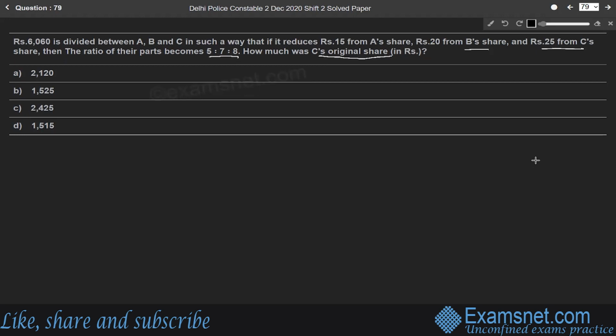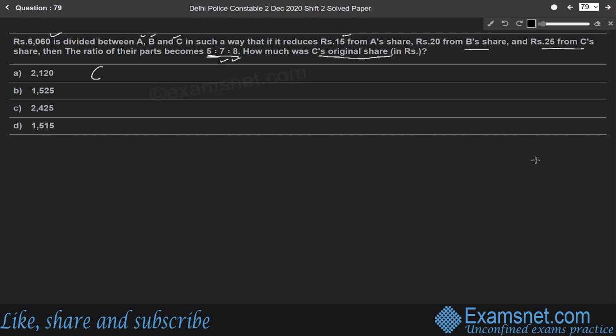So here the total money is given, which was distributed between A, B and C. We have to find the original share of C. For that, let us find the amount of A, B, C after reduction, right?